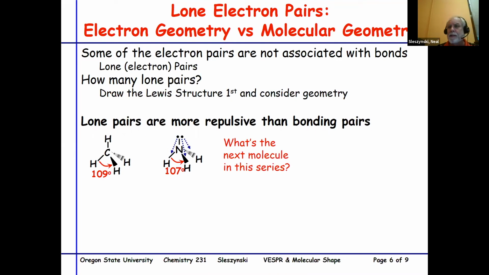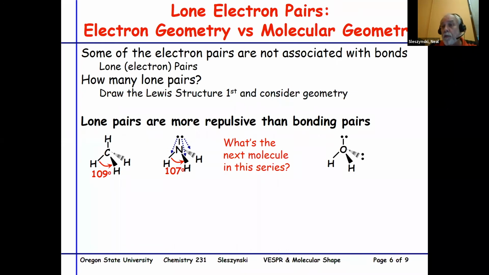Well, if I was going to continue drawing molecules in this series, take a look at the periodic table and tell me which molecule am I going to look at next. Well, if I went from carbon to nitrogen, one to the right in the periodic table, if I go one more to the right in the periodic table and substitute oxygen in as my central atom, I end up with water.